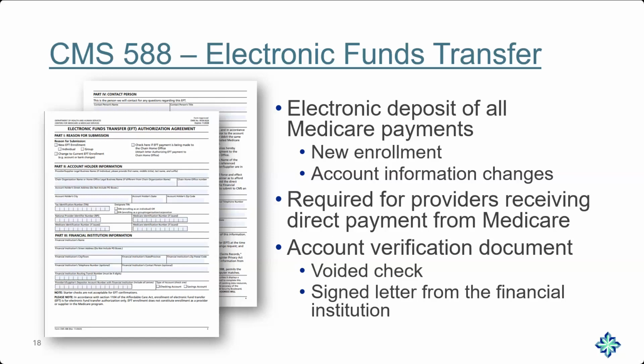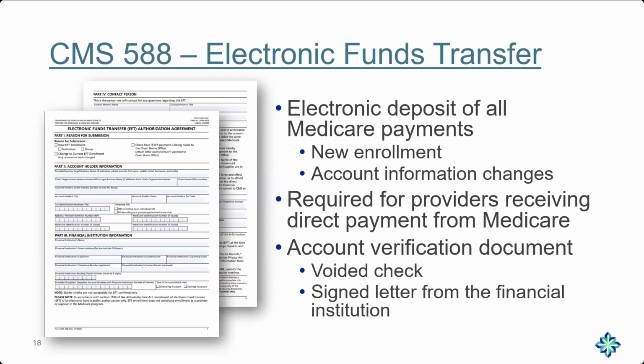We are going to be looking for account information verification through documentation. And that documentation is most commonly a voided check. For newer accounts, it can be a signed letter from the financial institution. It needs to contain the routing information, the account information, the name, and the type of account, and it does need to be signed.